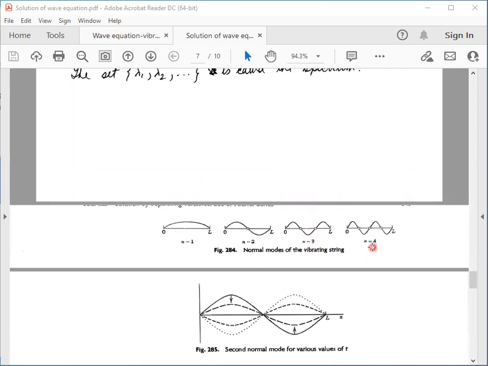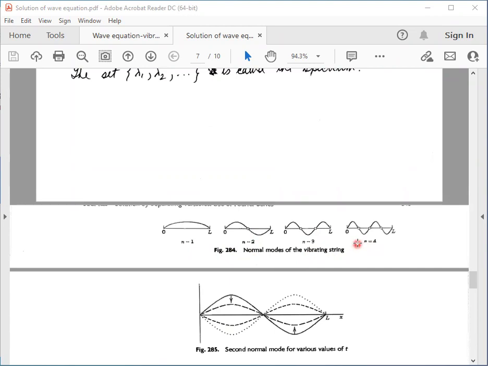Similarly, the fourth normal mode. I should not say fundamental mode, I should say normal mode. Fundamental mode means n equal to 1. This is the second normal mode. This is the third normal mode. This is the fourth normal mode.